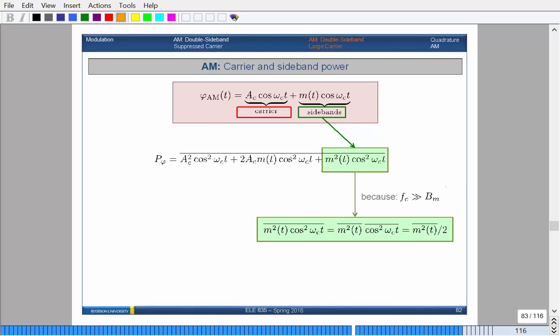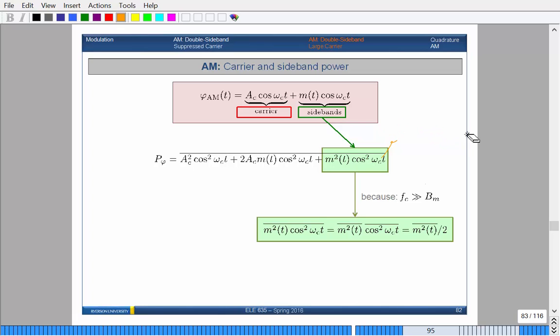In this case here, we see that we have m squared of t. So m squared of t is no longer symmetric. We're just taking a look at m of t's. So remember, what's happening here is we can split this up so that this becomes m squared of t times 1/2 plus 1/2 cos 2 omega c t.